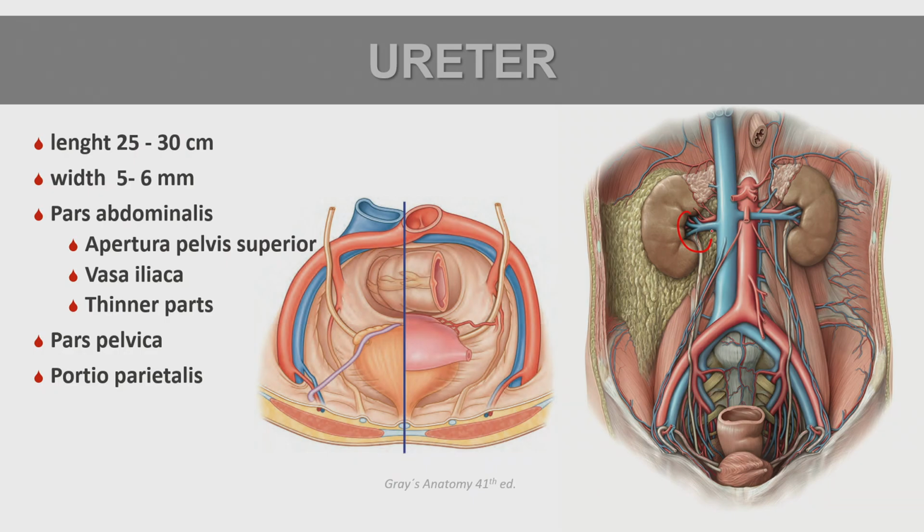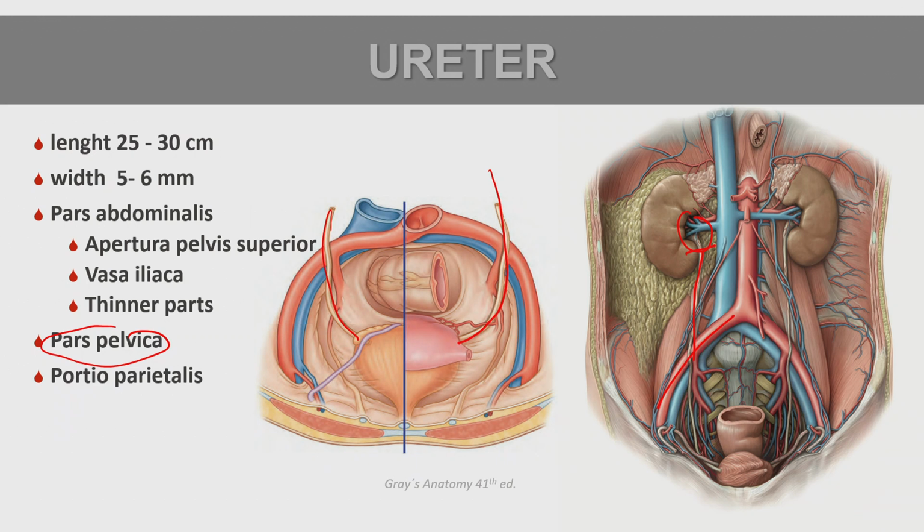The abdominal part is from the kidney to the crossing of iliac veins and arteries, and then it follows to the pelvic part. In the pelvic part, it goes this way, crossing some structures and then entering the urinary bladder.